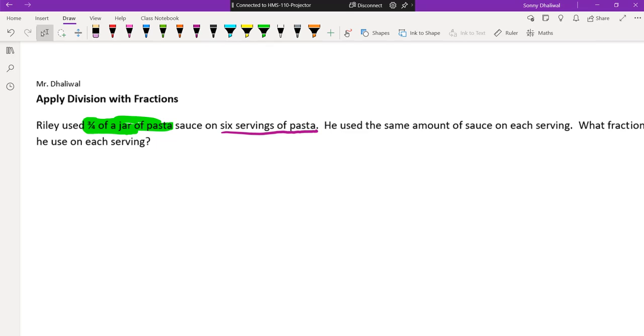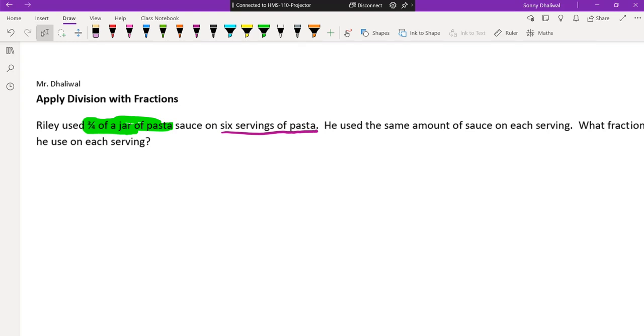Okay? So let's just talk about this. So let's assume he used a cup and he had 2 servings. How much did you use in each serving? Half a cup. You go 1 divided by 2. If he had 3 servings and a cup of pasta, how much does he use in each serving?